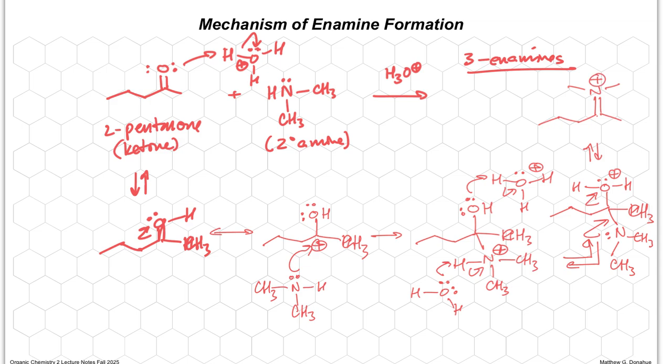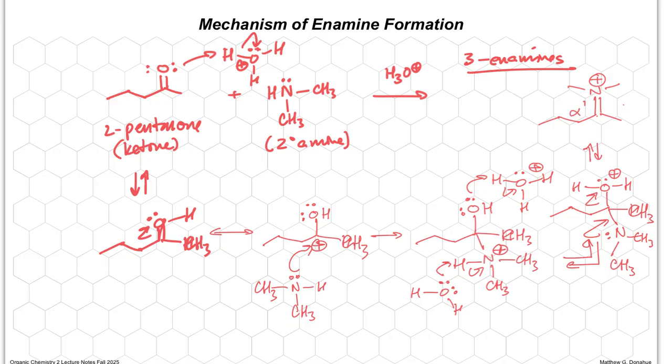So when we do that, that's what we end up with. That nitrogen is now protonated, or not protonated, it has a plus charge, which is now different from the imine case where the nitrogen had its lone pair. So it wants to get back to that situation where it has the lone pair.